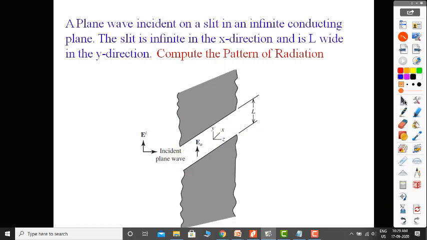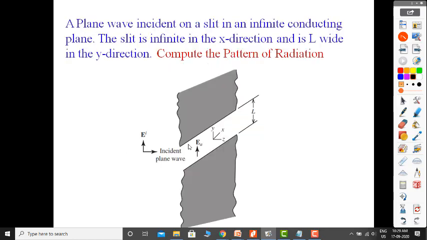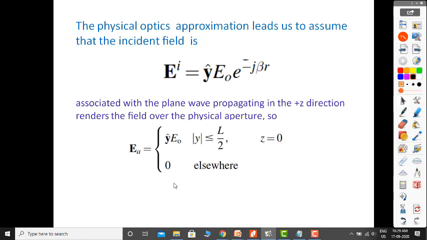That is represented here mathematically as EA, the aperture electric field, equals y cap E0. The direction of electric field is along the y axis, E0 is its magnitude over the region minus L by 2 to plus L by 2, which is represented as modulus of y less than or equal to L by 2, where z is 0, because the z equals 0 plane is on the slit itself. Elsewhere, the field is 0.